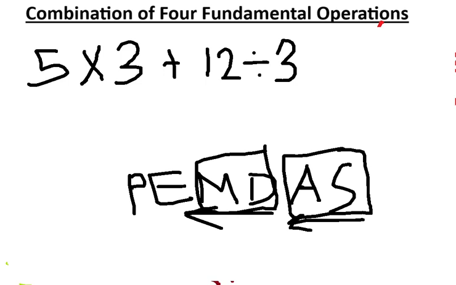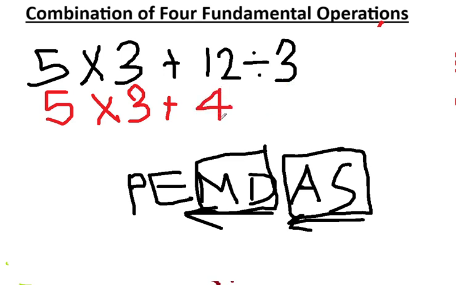So following that rule, 5 times 3 will be kept as 5 times 3. Plus will stay as plus. We are going to perform the operation of division. So that would be a 4 because 12 divided by 3 is equal to 4. Now, multiplication and division is the first preference.